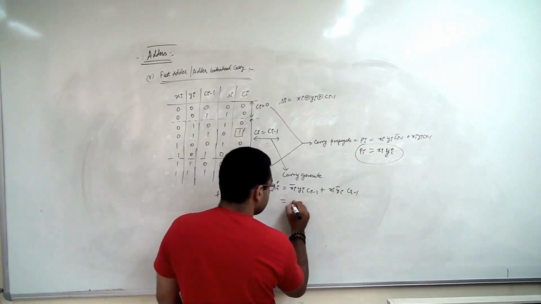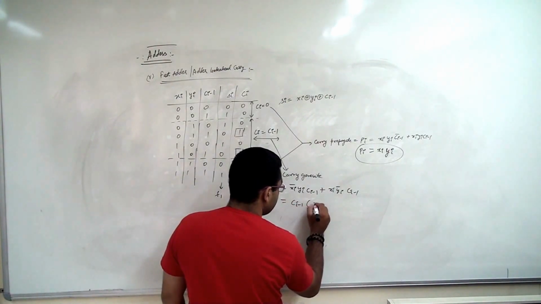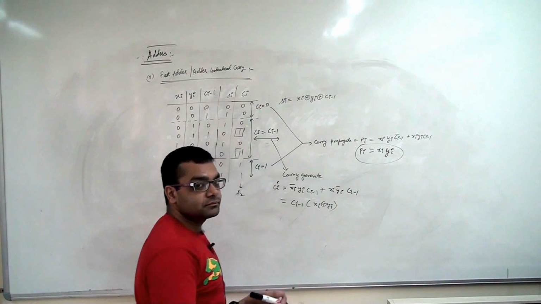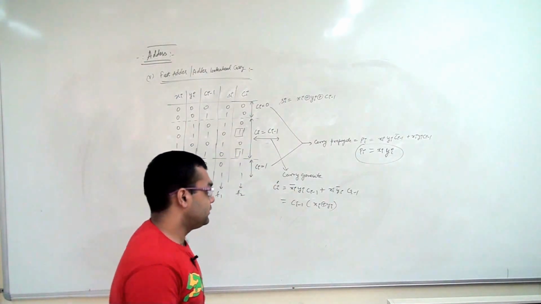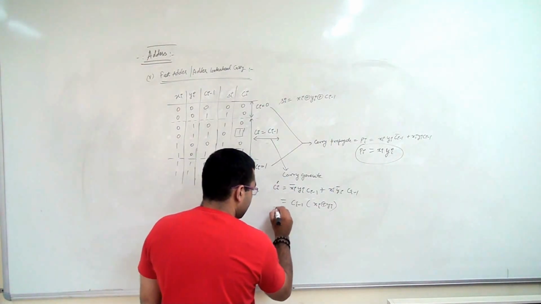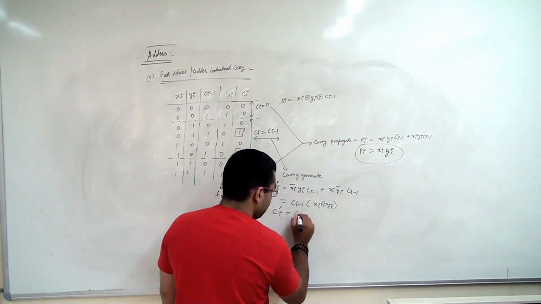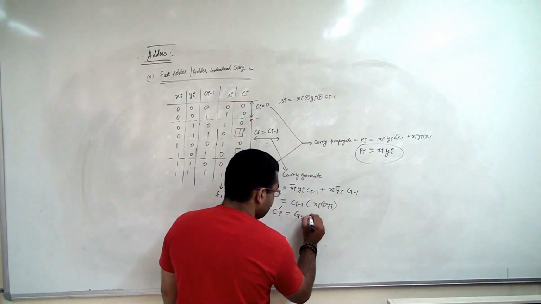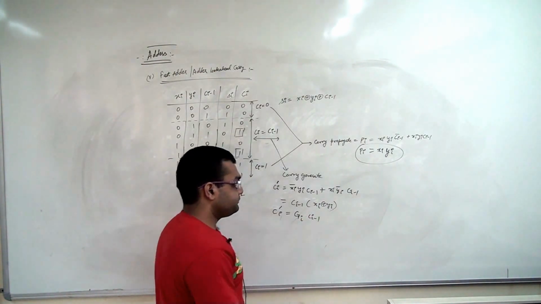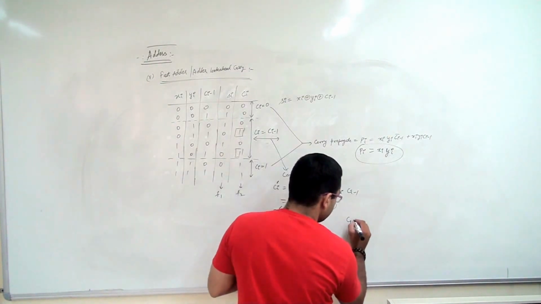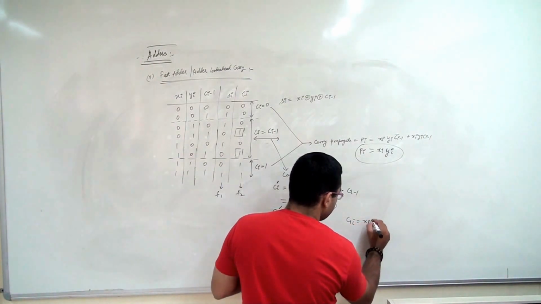Alright, you take ci minus 1 as common, I am left with xi XOR yi. Alright, so actually ci prime is called, say, gi dot ci minus 1. Now what is my gi? Gi is xi XOR yi.